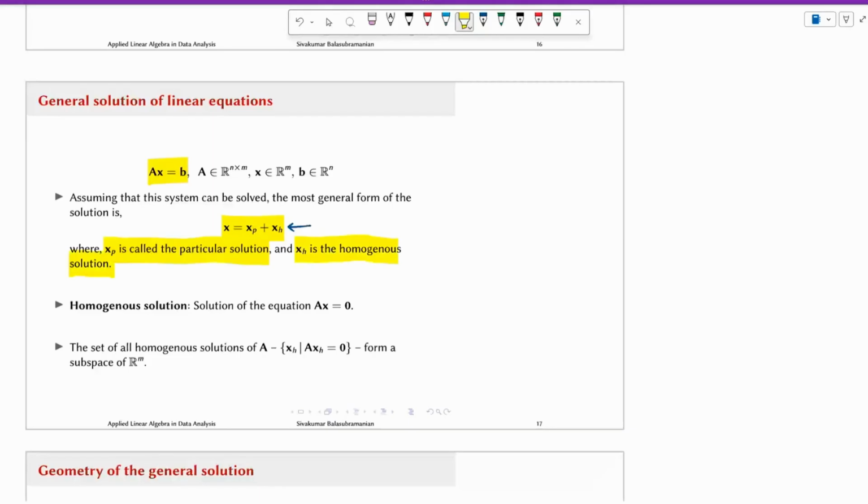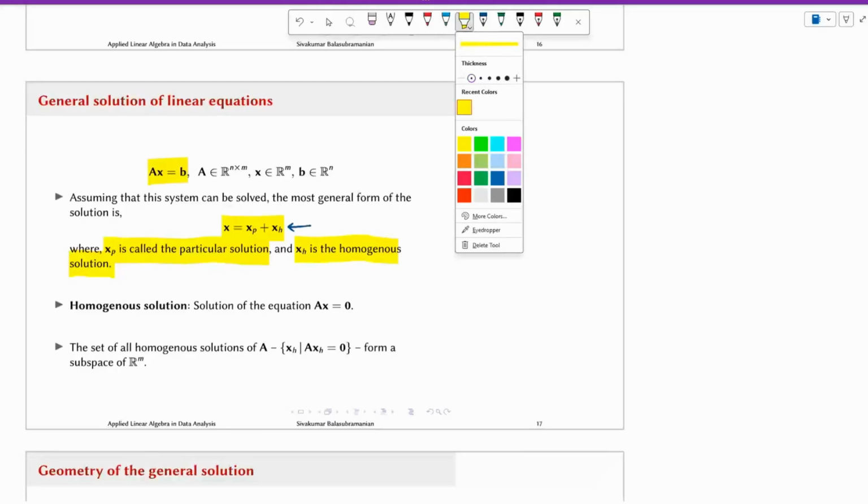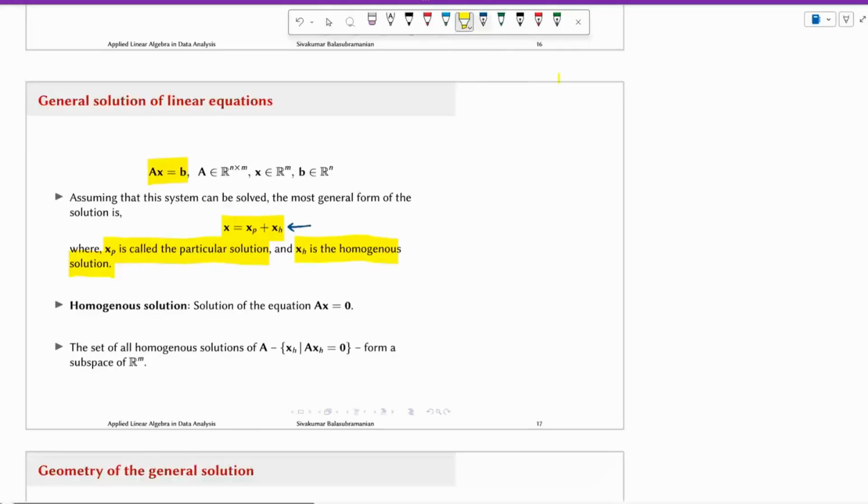The idea is pretty simple, and this is something that happens with linear equations. xh is essentially the solution to this equation, and that's the definition of a homogeneous solution. Whenever you see a homogeneous solution for a linear system, it's essentially the solution of whatever you're trying to solve equated to zero. That's it.